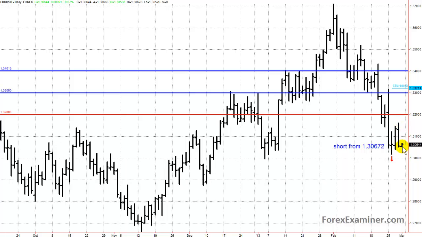But think of it logically this way. Yes, it's no fun to get stopped out. Yes, that's not a small stop. That's over a 200 pip stop for sure. But as we're looking at it, if you think about bringing the stop down to within roughly 100 pips of where we were, that's like the daily range.